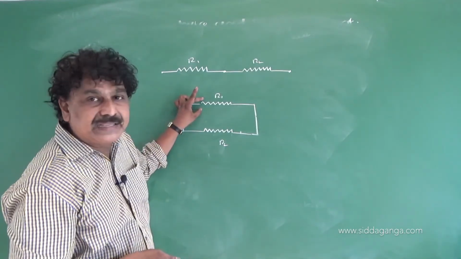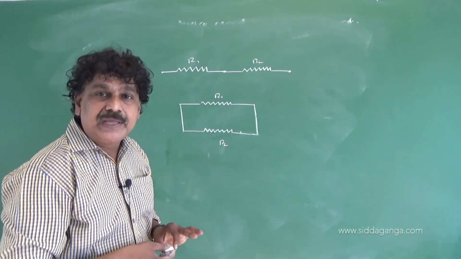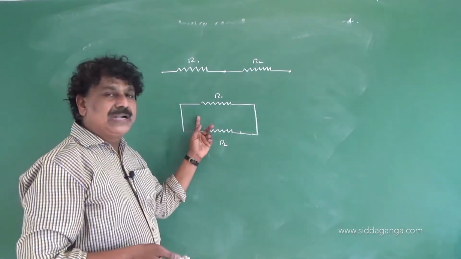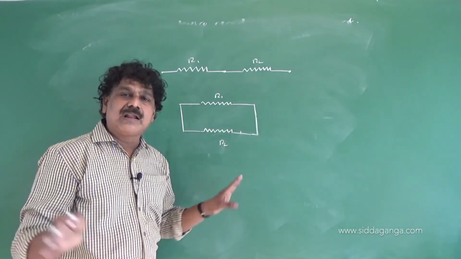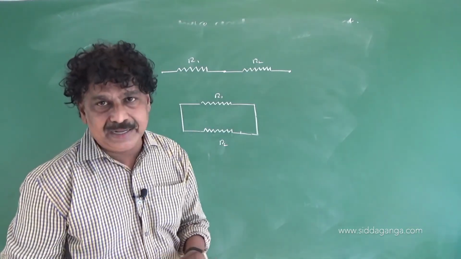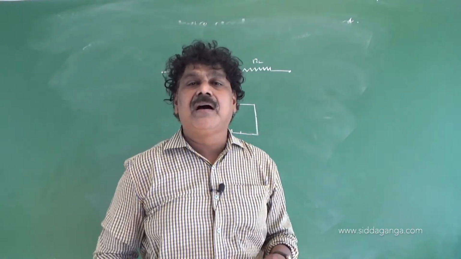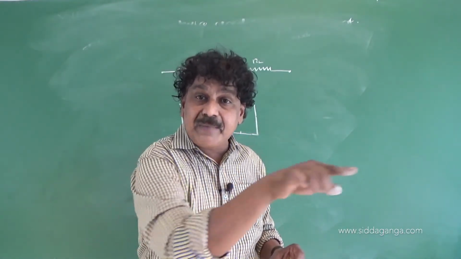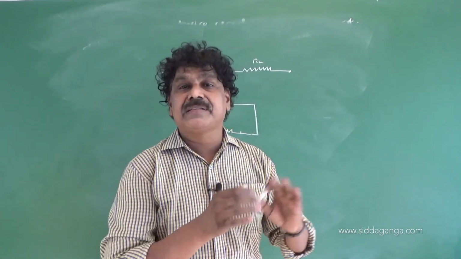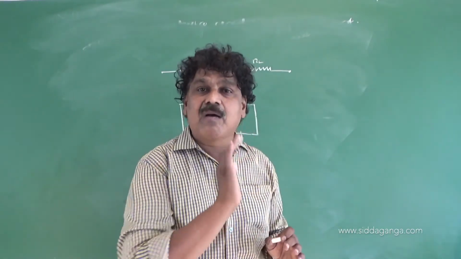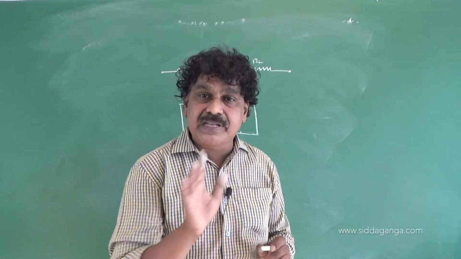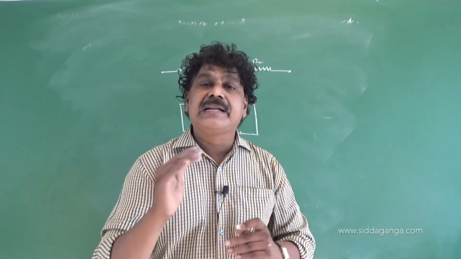Here the current is I1, here the current is I2. Then what is same? Potential difference across R1 and R2 are same. So in electric current, remember that in series combination of components, current remains same, potential difference is different. In parallel combination, potential difference remains same, but currents are different.